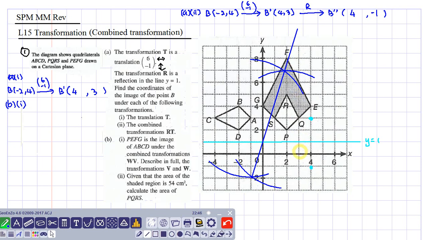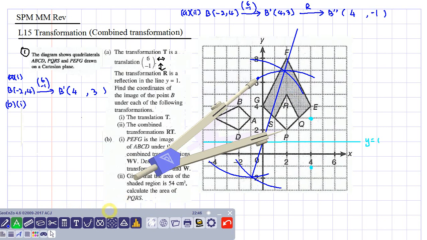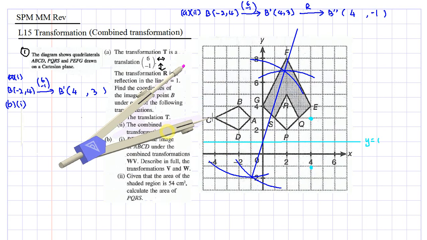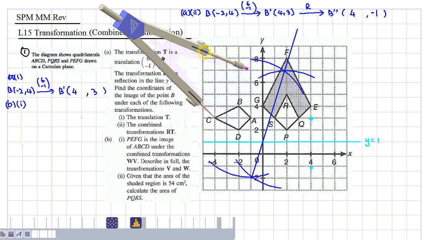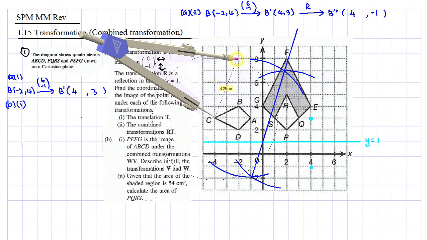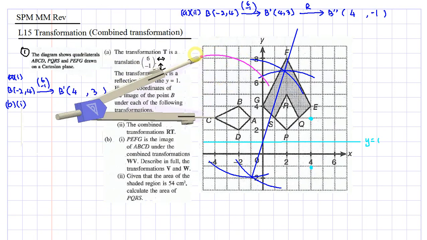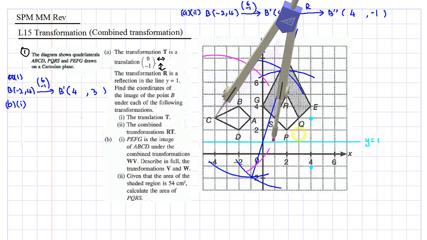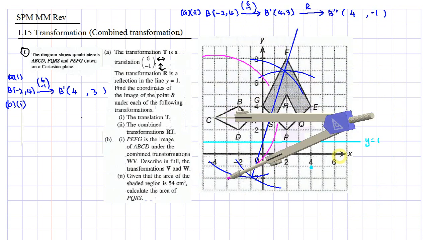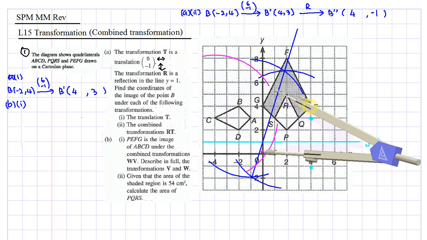We still need one more perpendicular bisector, so I choose C and R. Don't adjust the width of your compass.